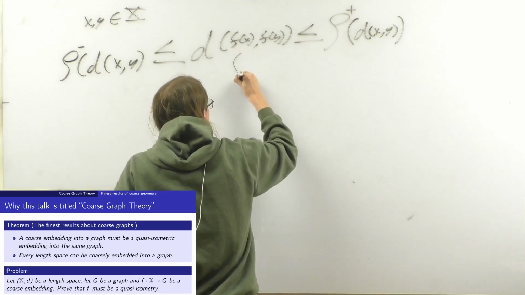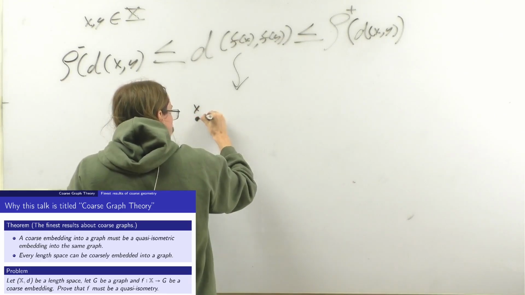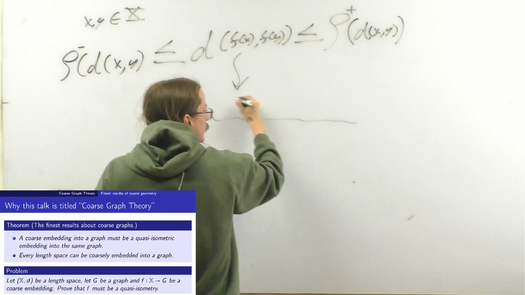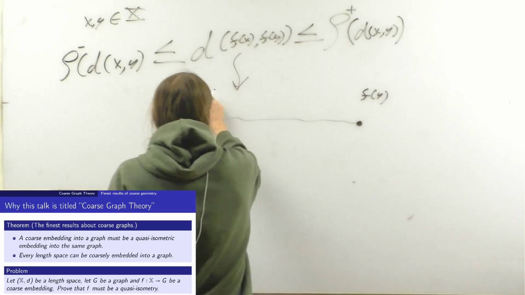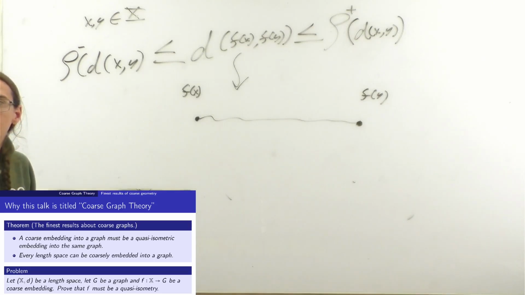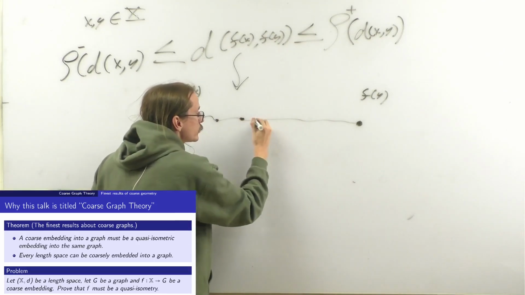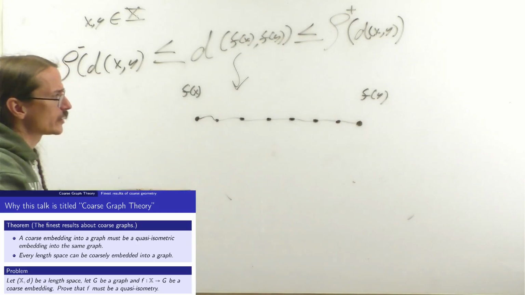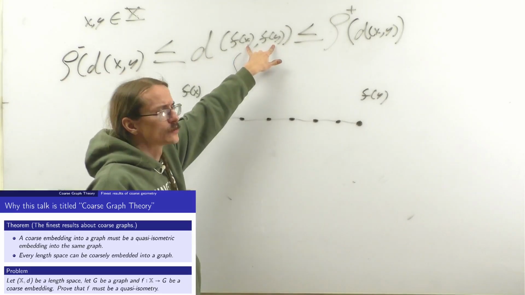So this tells me that I have a point here, x, and a point, I guess this is f of x, right? And then I have something way over here. This is f of y. And I've got a path between them. And this path, it's a path in a graph. It's made up of edges with vertices. So I don't want to look at so much the distance between x and y.